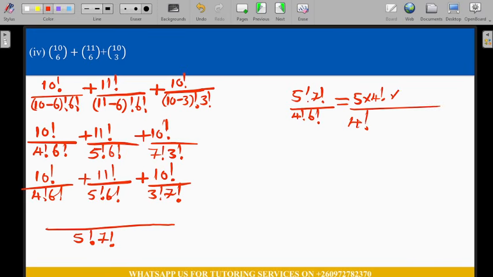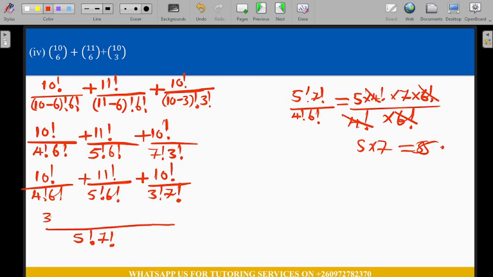Again 7 will reduce it up to 6 factorial, so to be 7 times 6 factorial, then here 6 factorial. So now we can see 4 factorial cancels, 6 factorial cancels. We have 5 times 7, which gives 35.